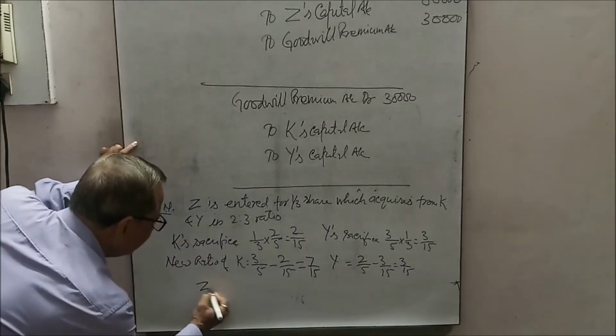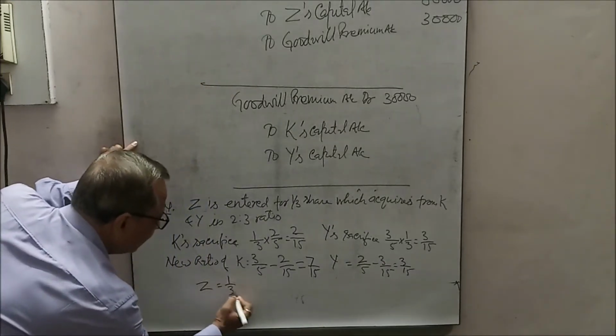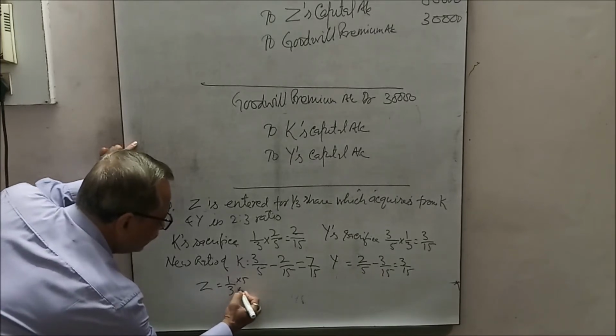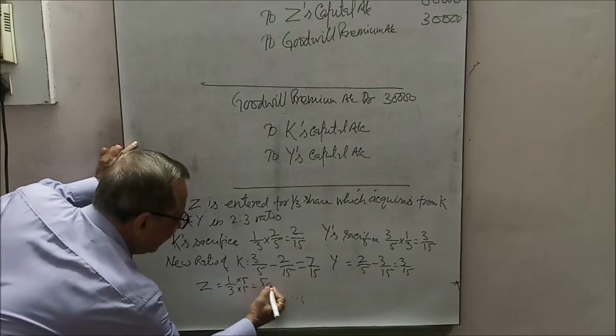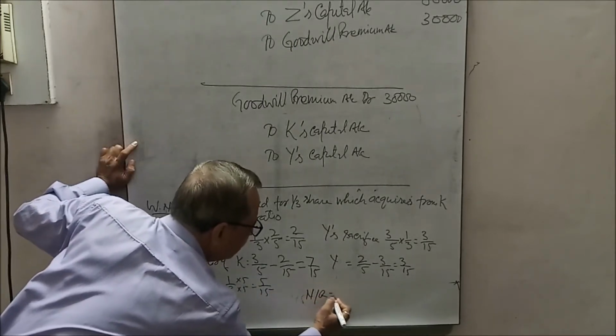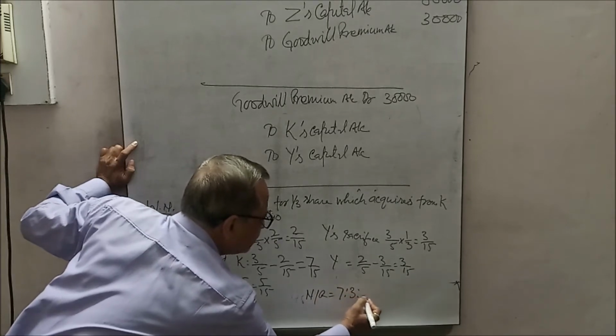And Z, as he entered for 1/3, equalizing the denominator and numerator both into 5, is 5/15. New ratio is 7:3:5.